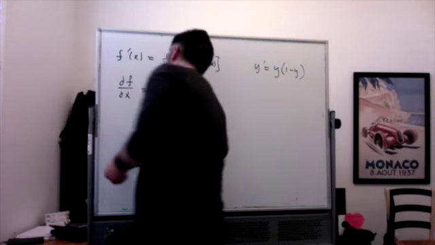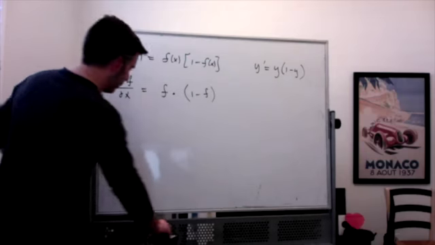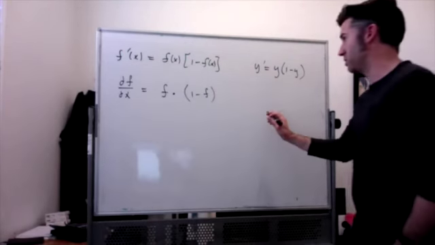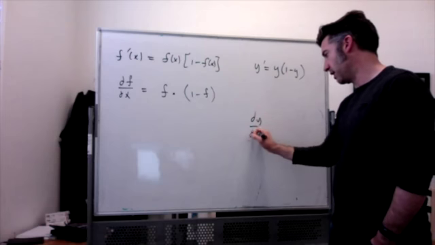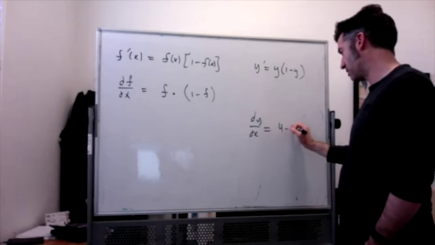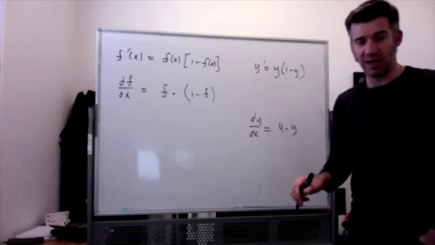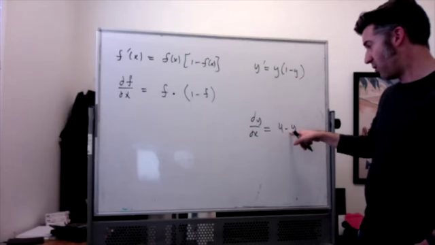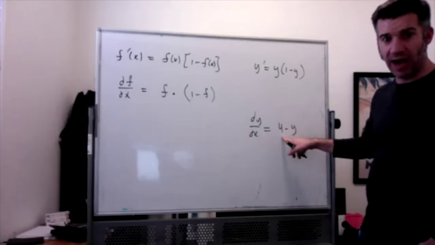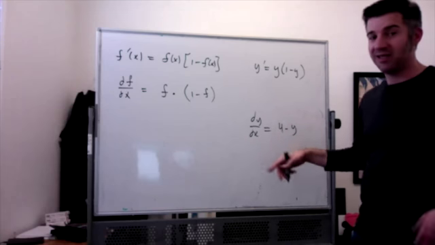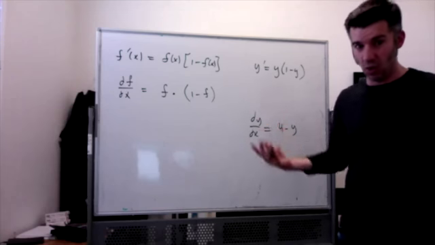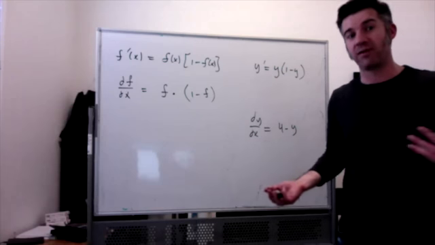Even if my differential equation was dy/dx equal to 4 minus y, there's no way you can separate the y from the 4. You have to divide by all of this, because division and multiplication are the only things we're allowed to do if we are separating variables.